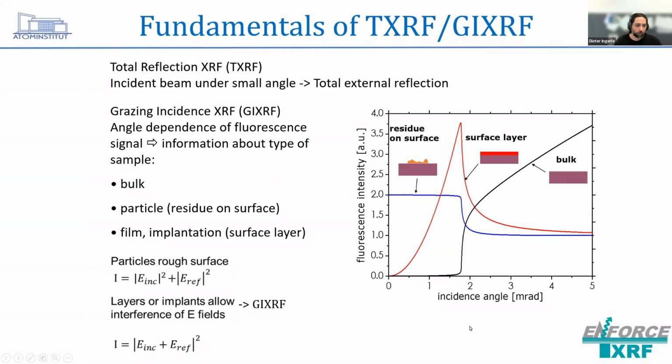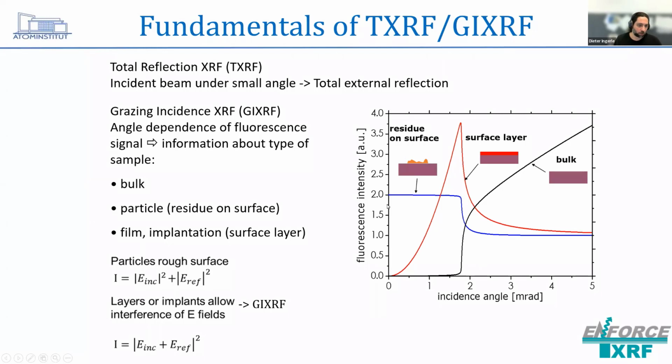And typically for TXRF, we just measure at one angle. And we assume that, if we have some sort of chemical analysis, then it's just a droplet or whatever, which is right on the surface. So it will form sort of a residue on the quartz reflector or silicon wafer, whatever you have as a substrate or sample area, basically.